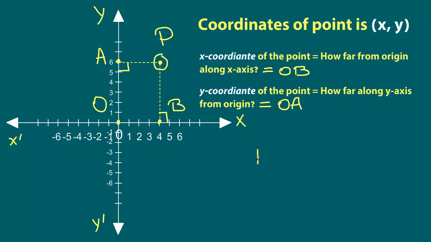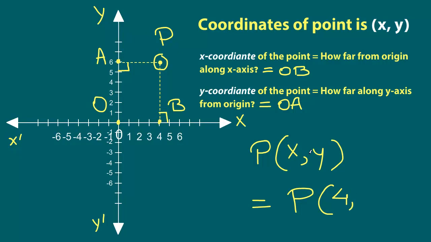So we write the point P as basically in this case x comma y, x for x coordinate, y for y coordinate. Or we say point P in this case is, so the two numbers, x coordinate will be how far from the origin, this will be 4, and then how far from y, the distance of P from origin along y-axis, this will be 6.